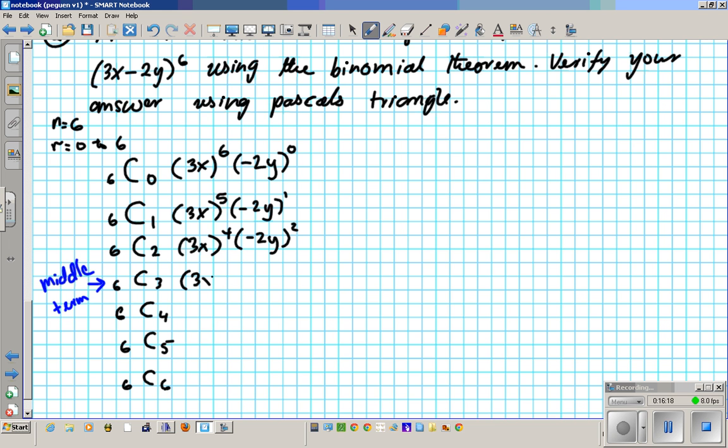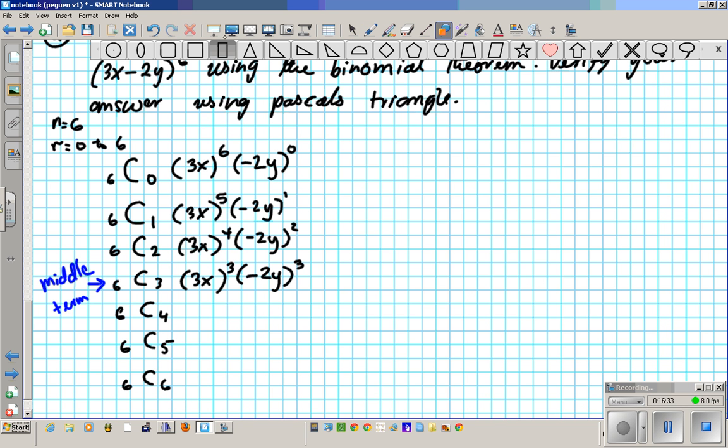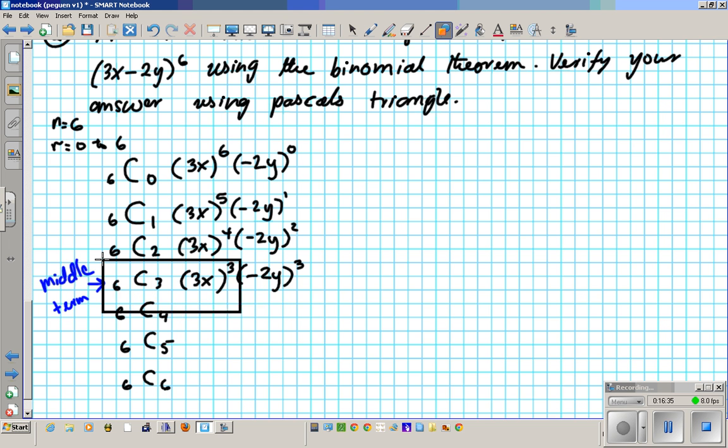And this one goes down to 3, and then negative 2y to 3. Okay? I can fill the others out, but I don't really care about those because all I need is a middle term, okay? I just need to expand this piece right here because that's the middle term. So let's just focus our attention on this one and expand this one out.